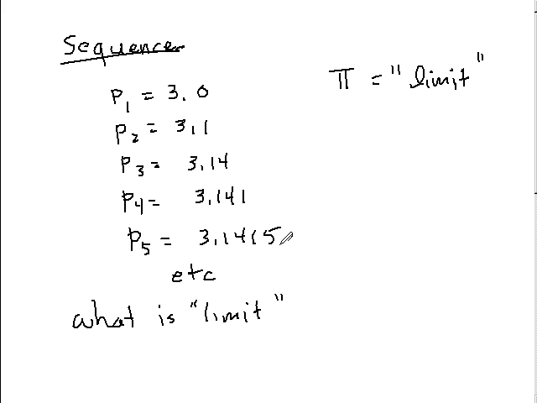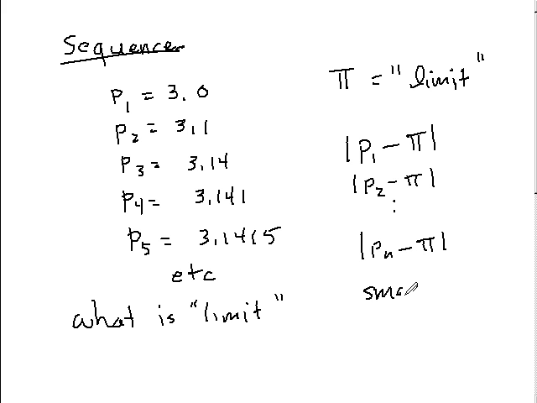Well, one intuitive idea of the limit is that this sequence of numbers, P1, P2, P3, etc., if we look at the difference, P1 minus pi, P2 minus pi, etc., as we go down and then the arbitrary sequence element, these numbers should get what? Become smaller and smaller, right? So these numbers should become smaller and smaller. Eventually, they become arbitrarily small.